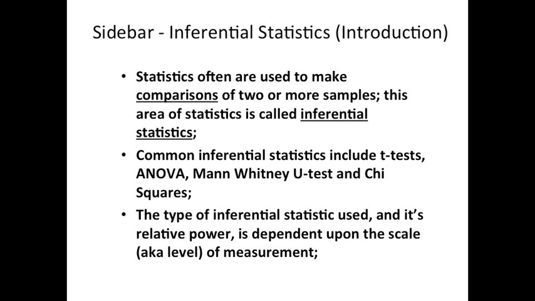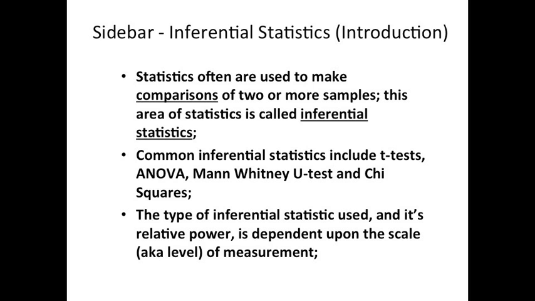And we'll have a bit of a sidebar trying to explain what inferential statistics are. It's really not the topic of this course, but it's really the topic ultimately of biostatistics. Inferential statistics are the ones that are used to make comparisons between 2 sets of data. Usually you'll have a group of control and a group of treated, or it's even more complicated than that.